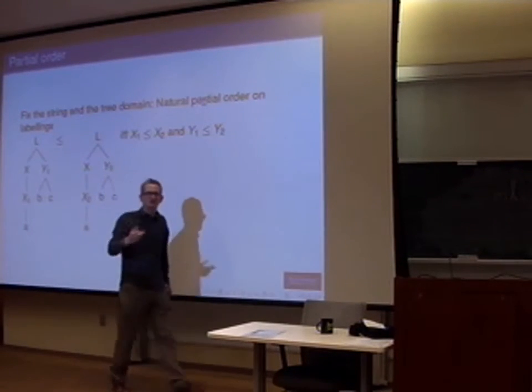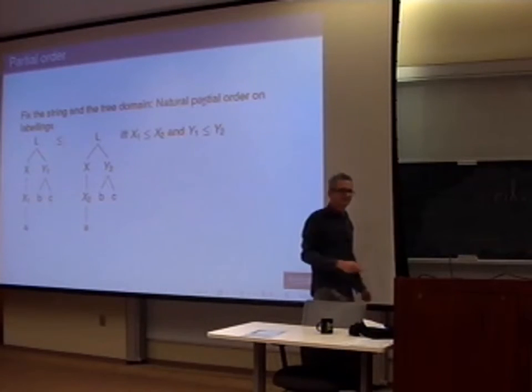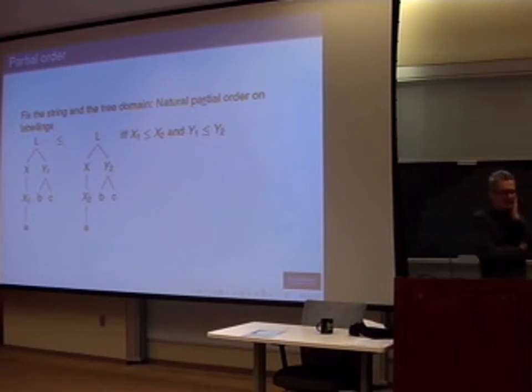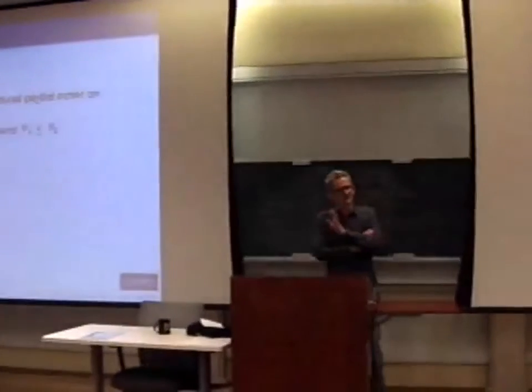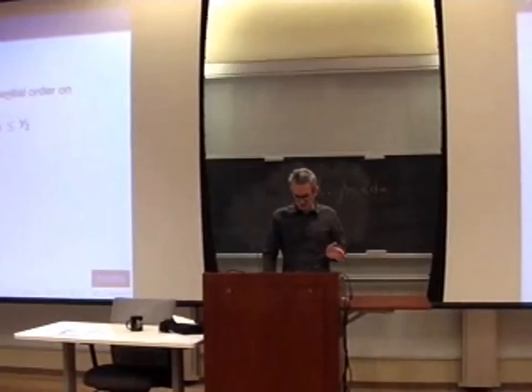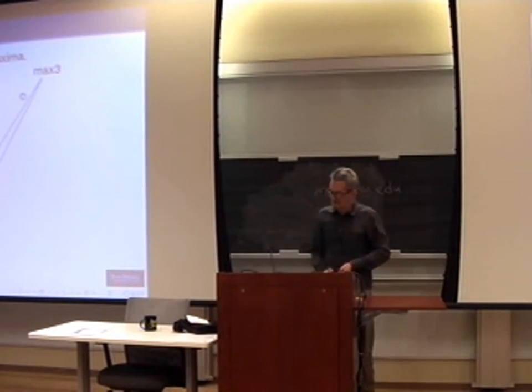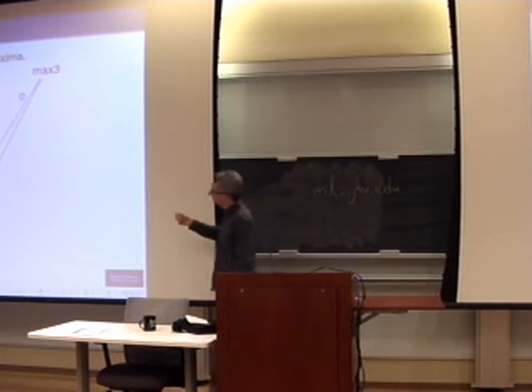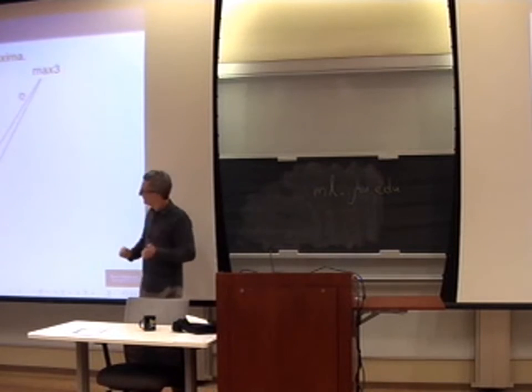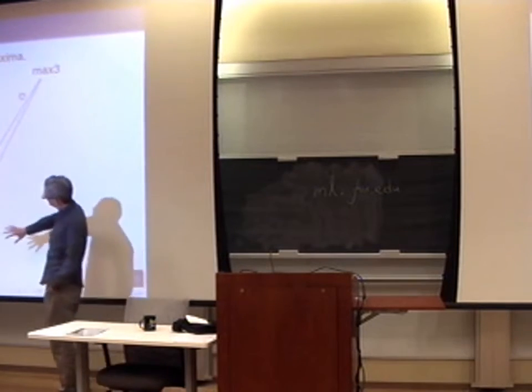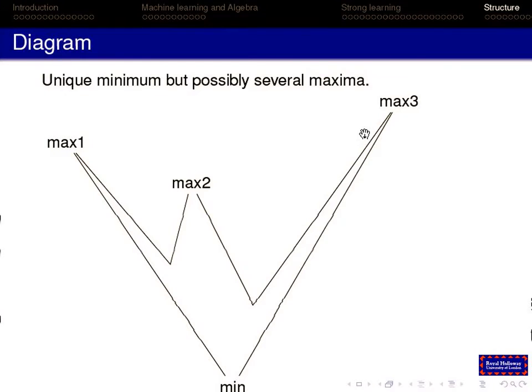A natural pointwise partial order. So this is where the trees have the same structure? Or do you mean by fixing the tree domain? Yeah, exactly. So the trees have the same structure, the same leaves. We have a natural partial order. Okay. Now, if we fix a particular structure, we're going to have a unique minimum element here, but possibly several different maxima.